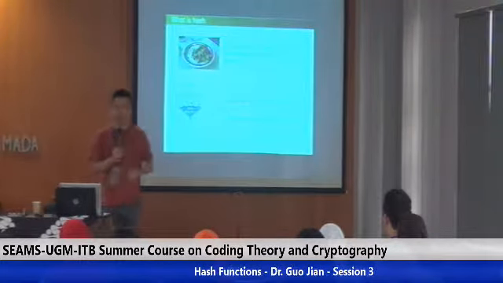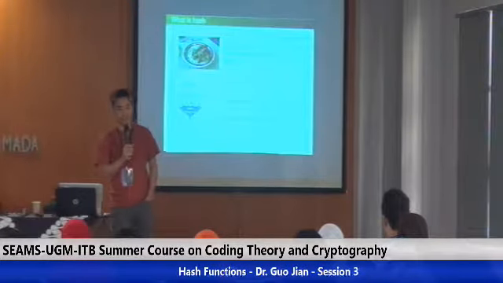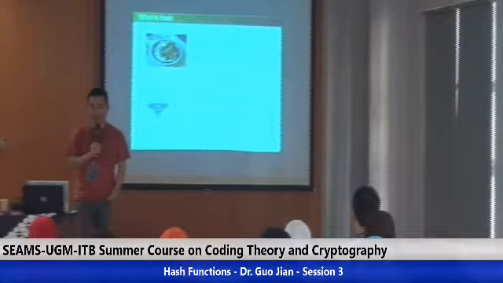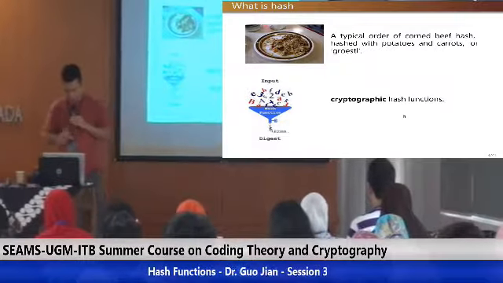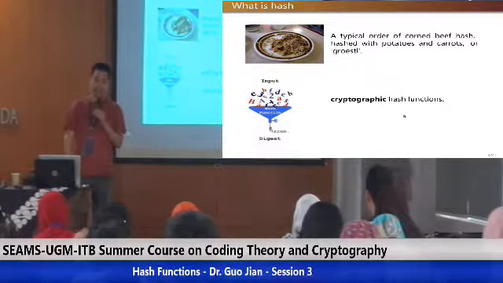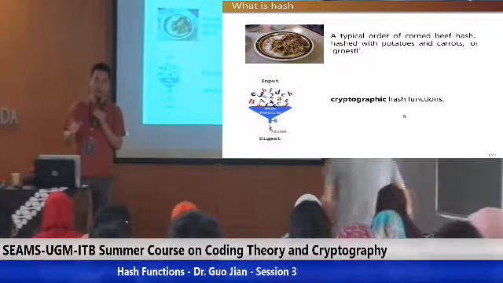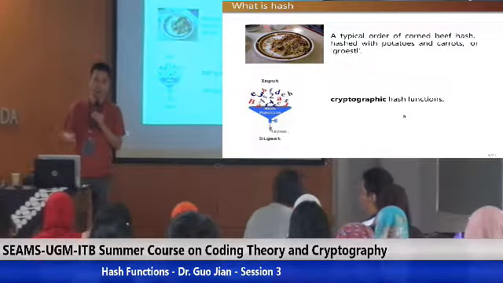But in practice, we actually support messages with limited length, like up to 2 to the 64 or 2 to the 128 bits. So that's sufficient. The key is to output a fixed length digest. So typically, depending on the security requirements, it will be 256 or 512 bits.